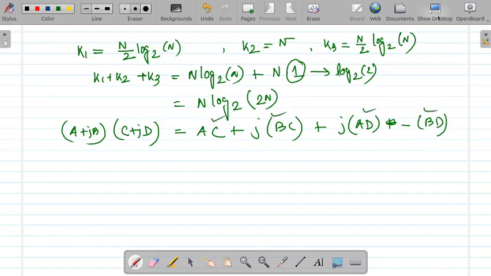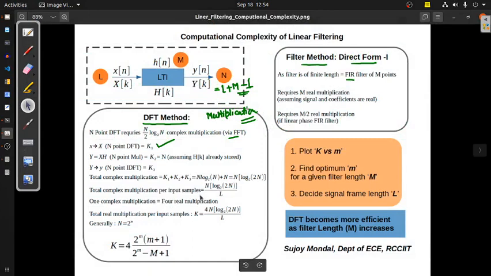These 4 real multiplications are required. So if we multiply this number by 4, that many real multiplications are required per unit sample. We are declaring that by capital K. Okay, capital K, this total number.